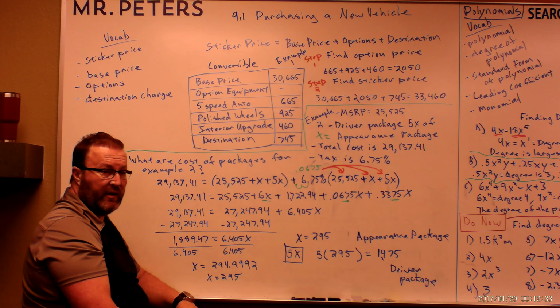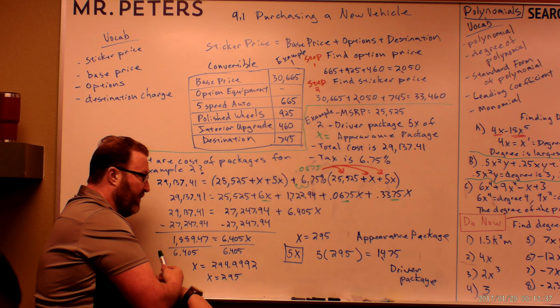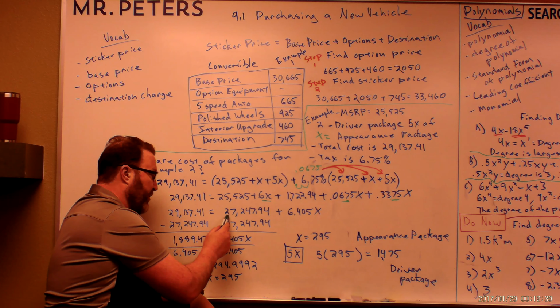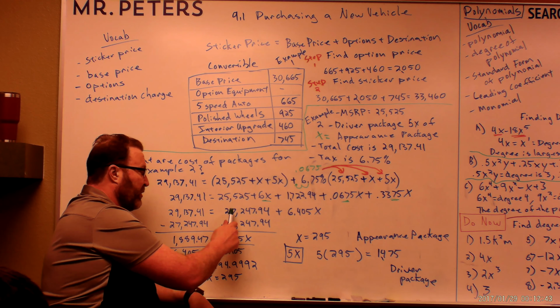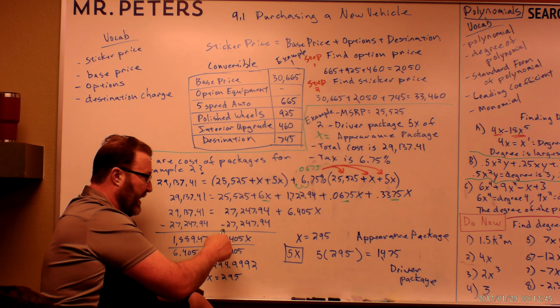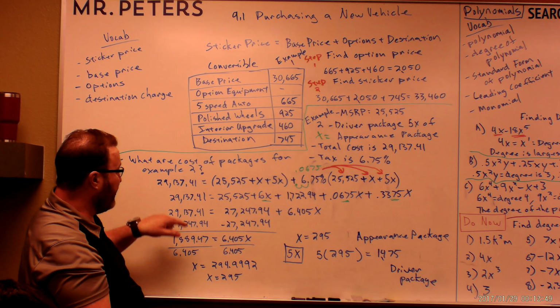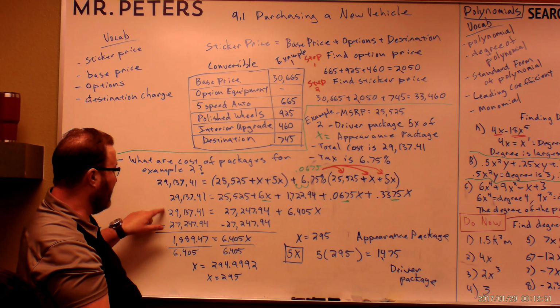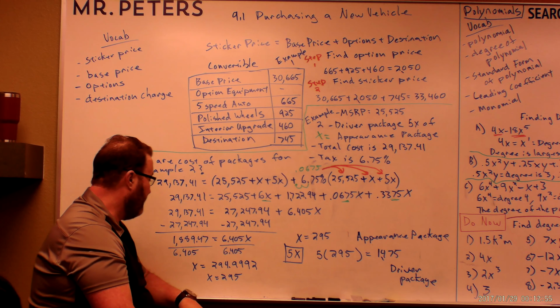Now we can start solving this to get the variable by itself. We're going to do the opposite of plus 27,247.94. How do we know this is plus? Because it's positive. Right, because there's no negative in front of it. So we're going to subtract it. That would be the opposite, that we cancel this out. We do it to the other side. So we're going to take the 29,137.41, put this in your calculator please, and subtract it from the 27,247.94.